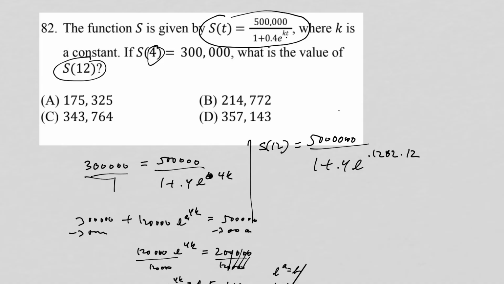That will be annoying, but on my calculator, 500,000 divided by parentheses 1 plus 0.4 times e to the answer times 12.